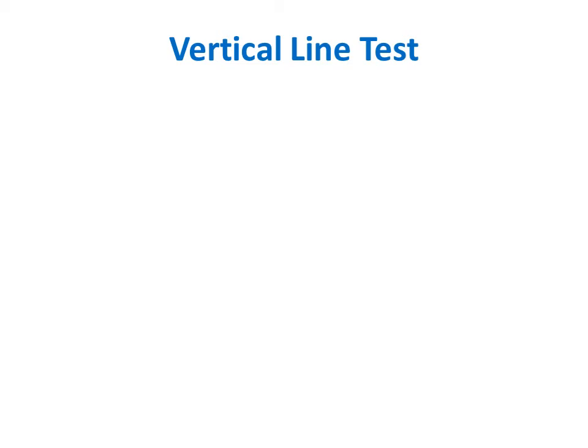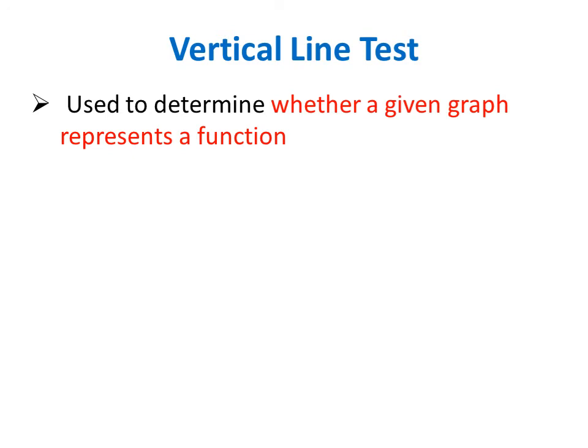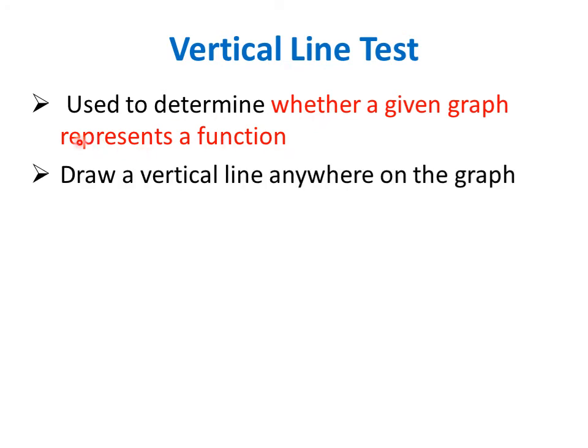This time, what if we are given a graph? How do we determine whether the graph represents a function? We can perform the vertical line test. Again, this test is used to determine whether a given graph represents a function. To perform a vertical line test, we simply draw a vertical line anywhere on the graph.